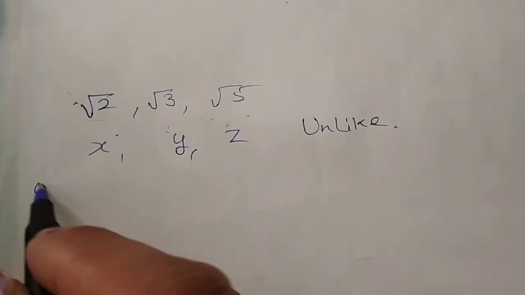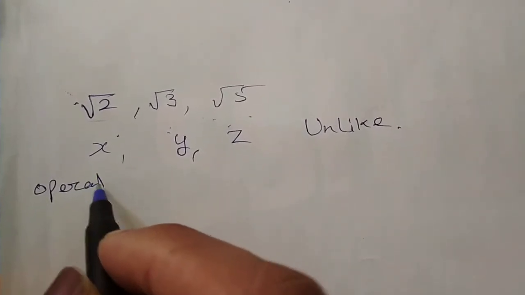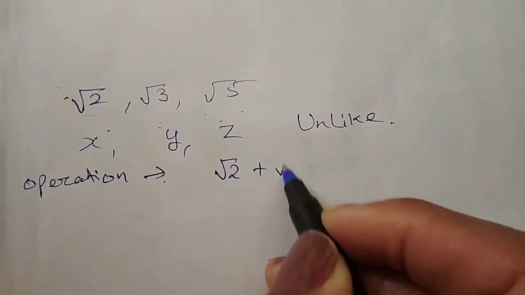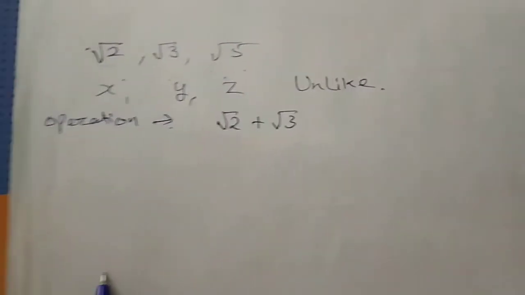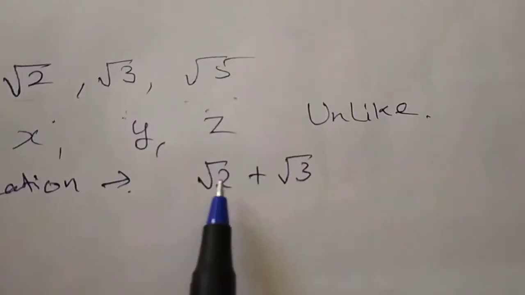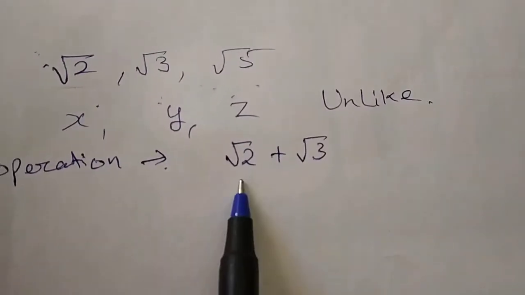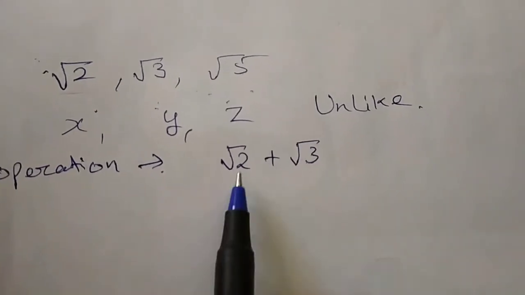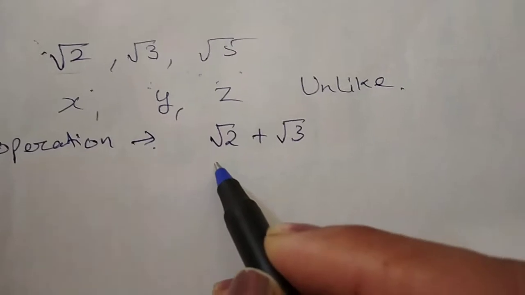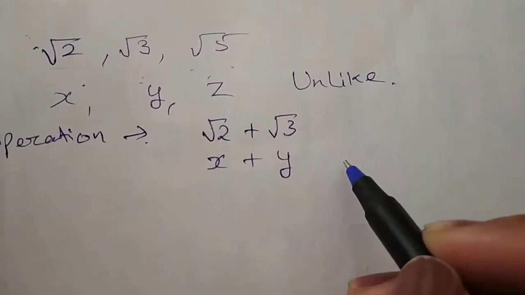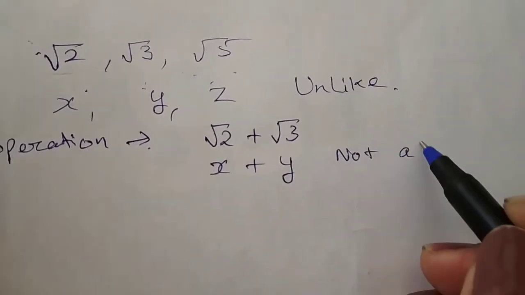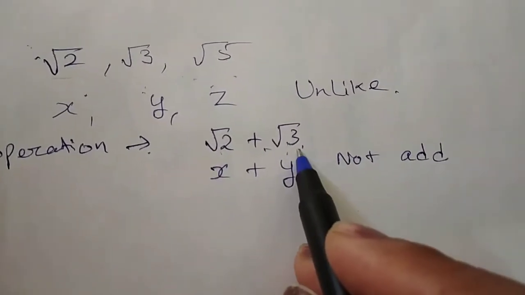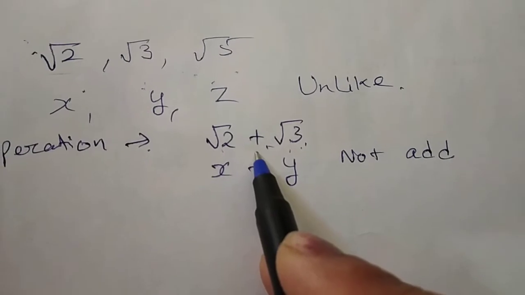So if we apply any operation on them, for example under root 2 plus under root 3, if you are adding two unlike terms, then obviously you cannot add them, you will leave them the same. You cannot say it is under root 5. No, you cannot add, just like x plus y you cannot add. They are just left the same. In the same way, you cannot subtract.